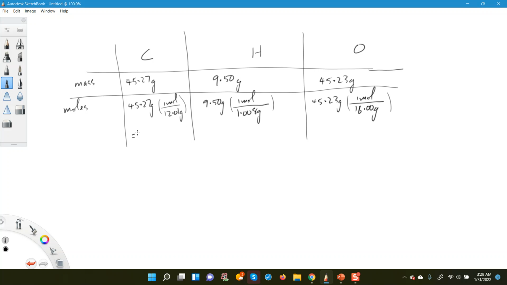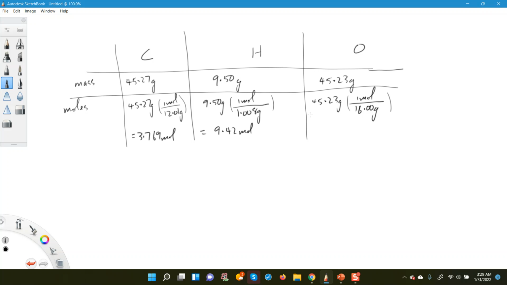And then we work out each of these. Here's my calculator. Starting with the carbon, 45.27 divided by 12.01 works out to be 3.769 moles. In the case of hydrogen, we divide 9.50 by 1.008, and you end up with 9.42 moles.